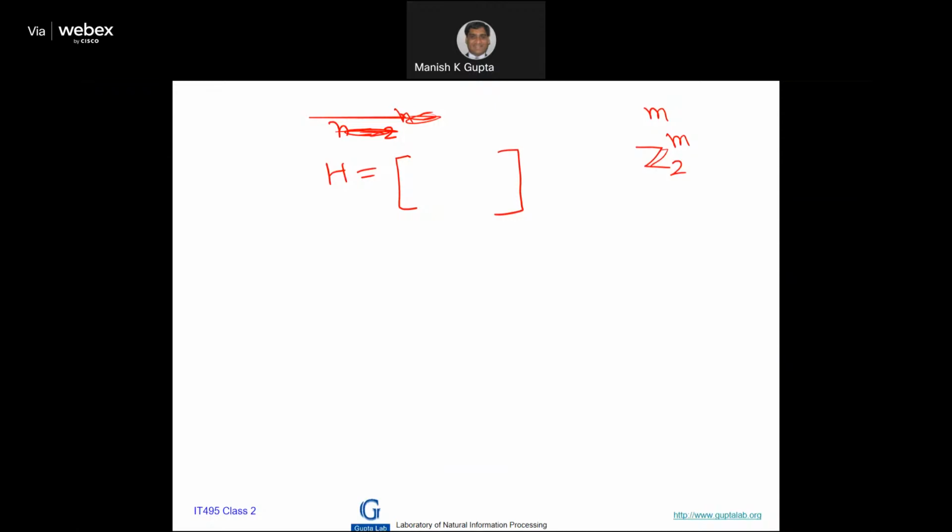Out of these vectors, I'm going to fill the matrix in such a way that no 2 columns are multiples of each other. So from all these 2 raised to m vectors, no 2 columns should be multiples of each other.